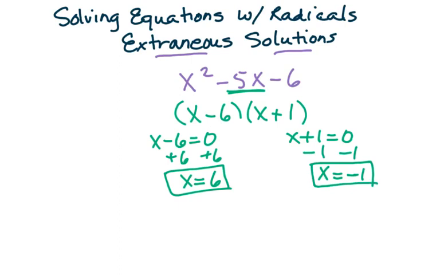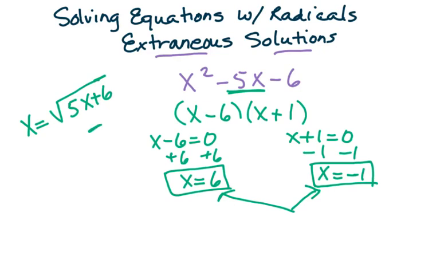Well, now when I go back to my original equation, which was x equals radical 5x plus 6, one of these answers will not work because I can never have a negative answer under the radical sign.